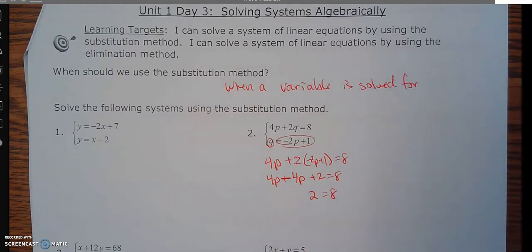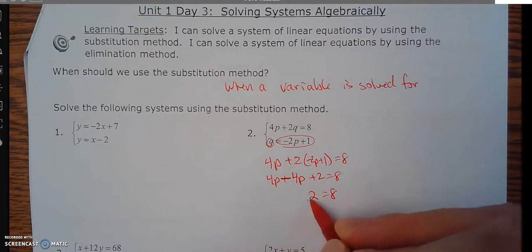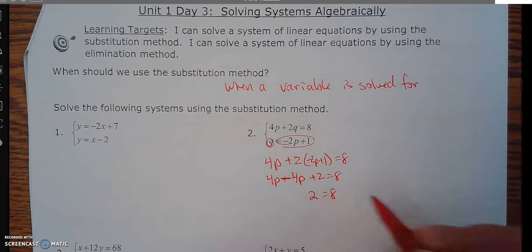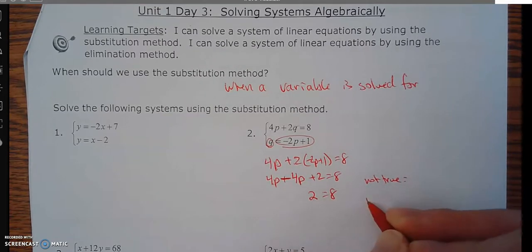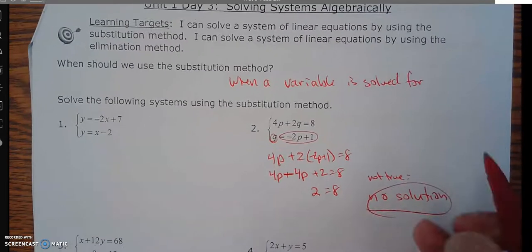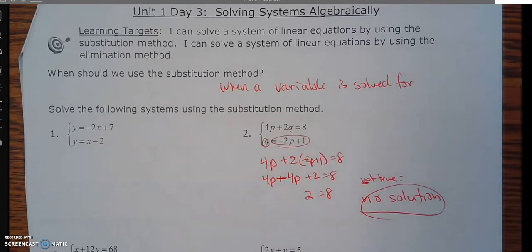When the variables disappear, you can't graphically see that they don't cross, but when we graph them, we see there's no solution. When the variables completely disappear and this is not true, there's no solution. So I always think: not true equals no solution.